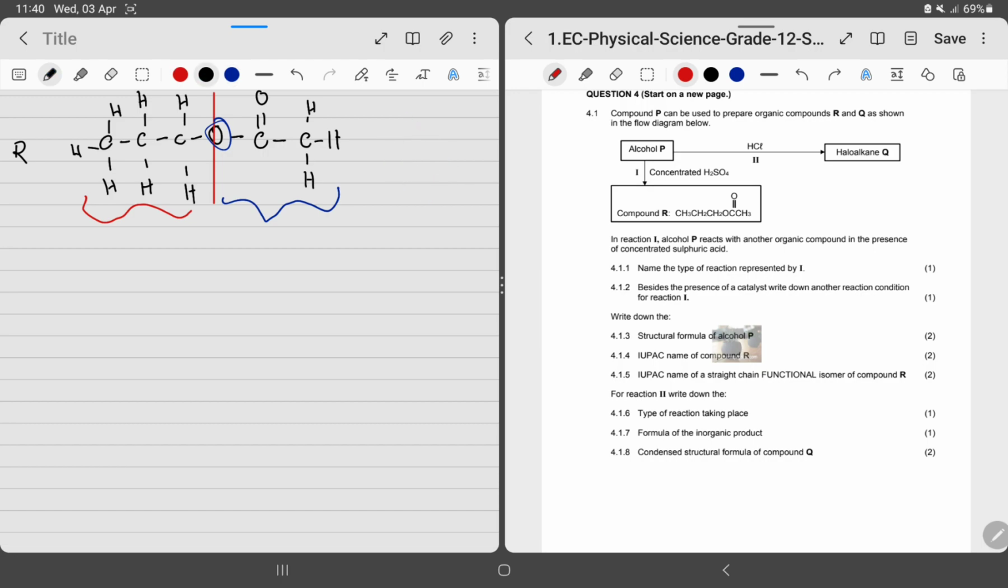Okay, so the corresponding alcohol must have 3 carbon atoms in its parent chain, and then I have an OH group there, so it is a primary alcohol. Plus, I have a carboxylic acid with 2 carbon atoms, so this is going to be 1, 2.